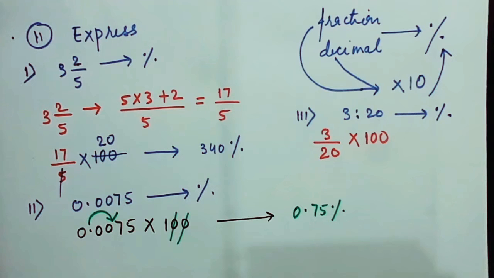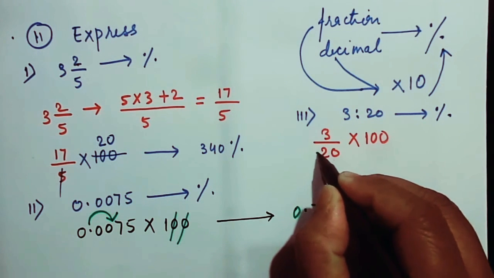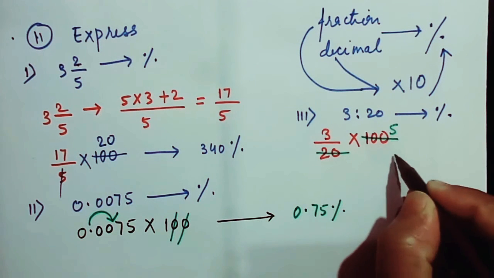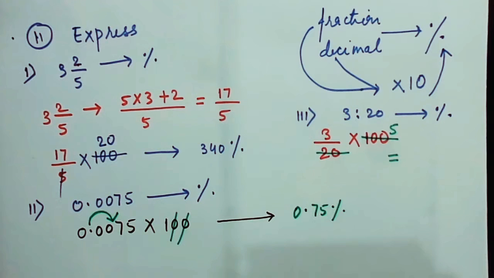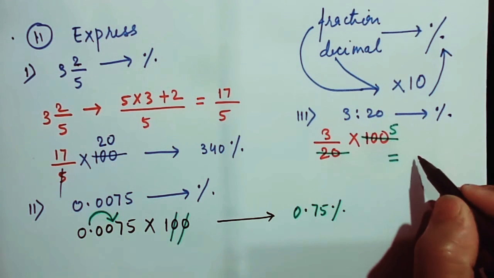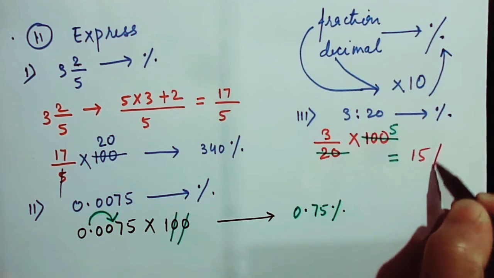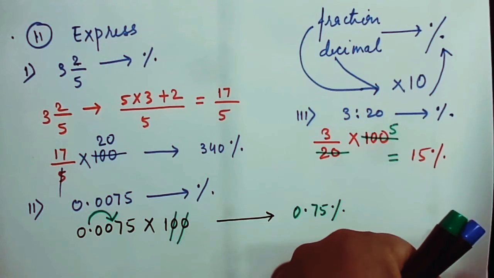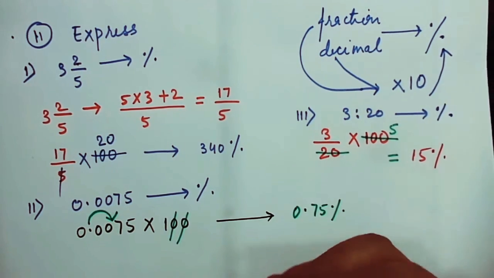Next, what is to be done is some cancellation work. 20 5 times will give you 3 into 5 is equal to 15 percentage. Nothing. We shouldn't panic whenever any problem is given. Try to observe it carefully what they are asking.